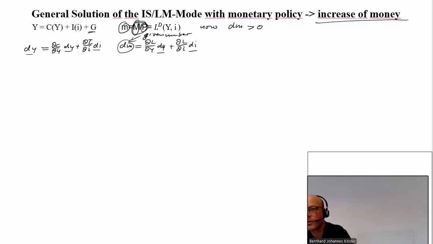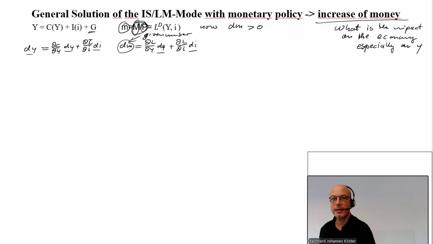What we want to know within our model is, if we increase the money supply, what is the impact on the overall economy, especially on income? So what is the effect on GDP? This is what we want to answer now analytically.